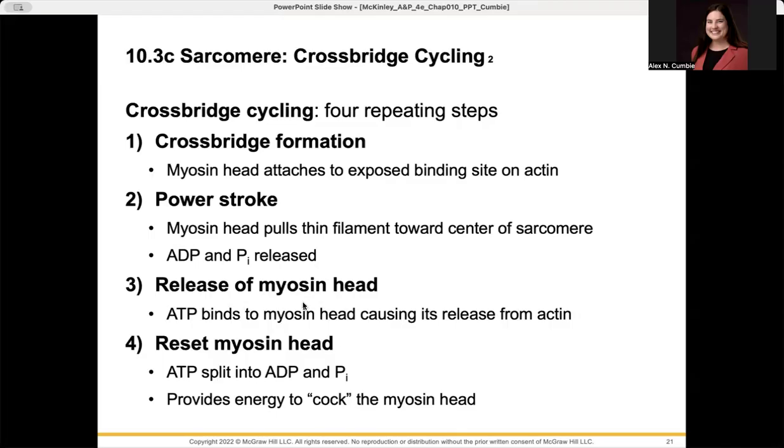Then we have a release of the myosin head. ATP binds again, causing it to release. And then we reset, where ATP comes in, hydrolyzes, and causes that connection to form, and we do the power stroke all over again. A little bit complicated. I'm going to show you guys a video, which will definitely help with that.